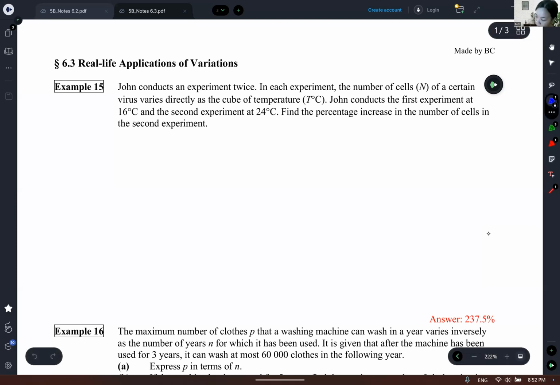Now, first, I want to write a formula between N and T. Because N varies directly as the cube of T, therefore I can say N equals K times T cubed.